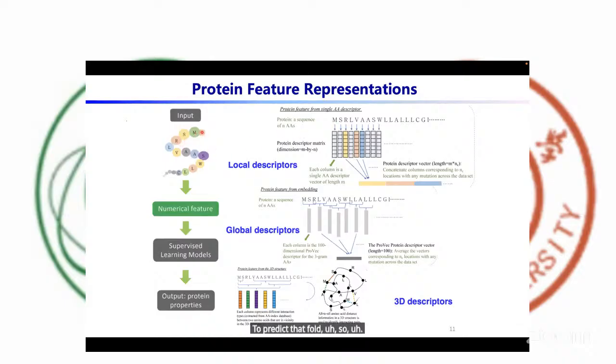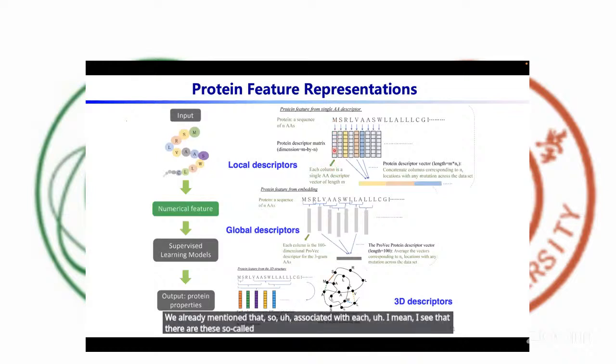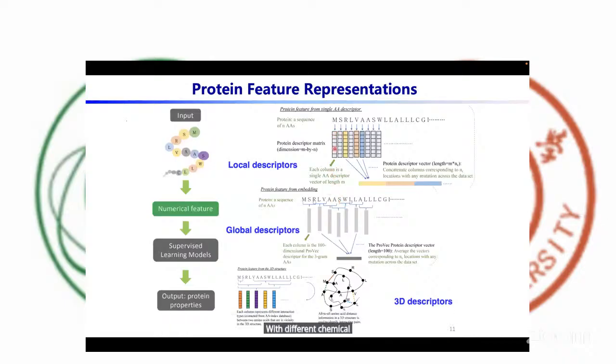AI also has to start with an amino acid chain, the alphabetic letters. We already mentioned that. Associated with each amino acid, there are these so-called phi-psi angles, other variables, and the different side chains with different physical chemical properties.